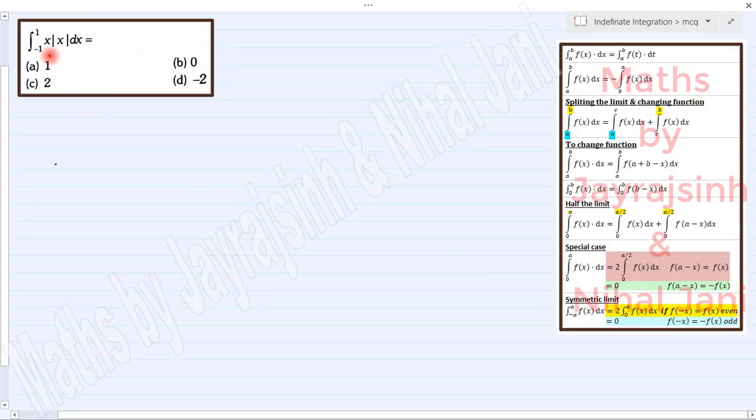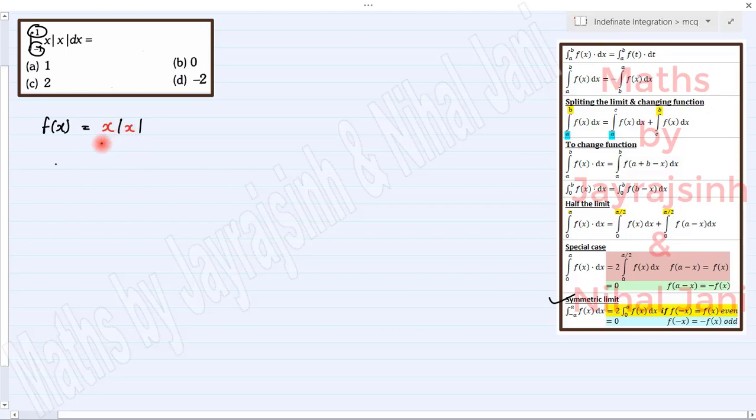In this question, we have to integrate x into mod x from -1 to 1. Here we have a symmetric limit. So let's check whether our function is odd or even. Let's write down your f of x, which is x into mod x.